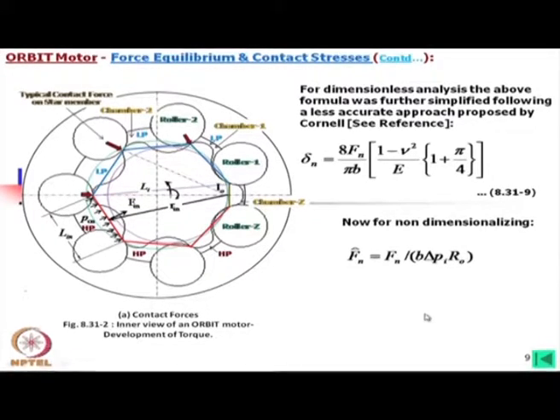That means, once we calculate these deformations or forces for a machine using this approach, then for actual pressure and actual width, we can find out the actual deformation or actual force.